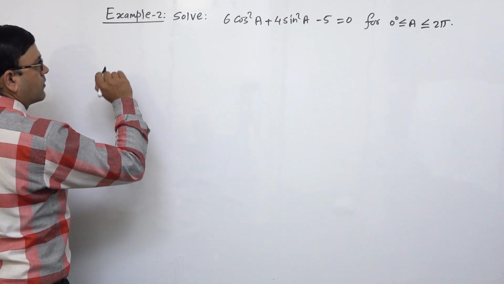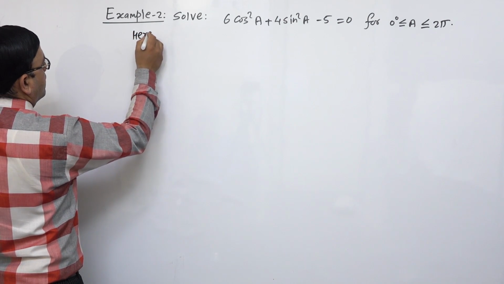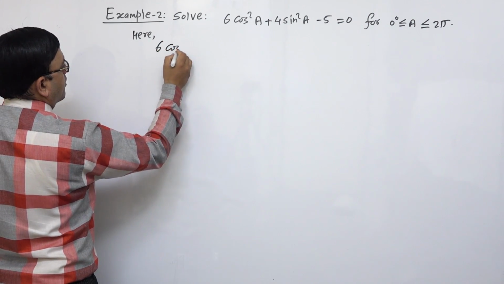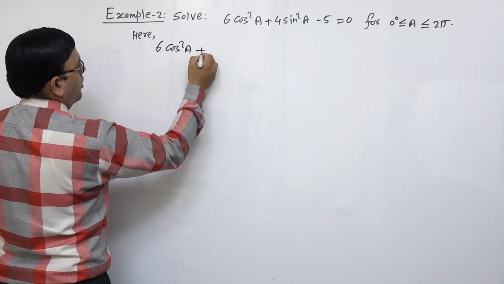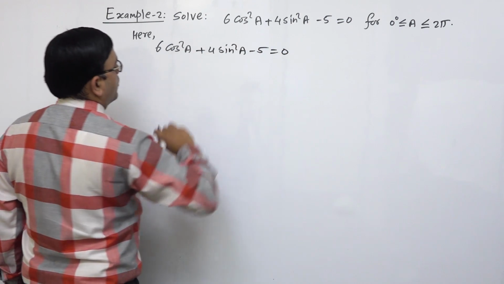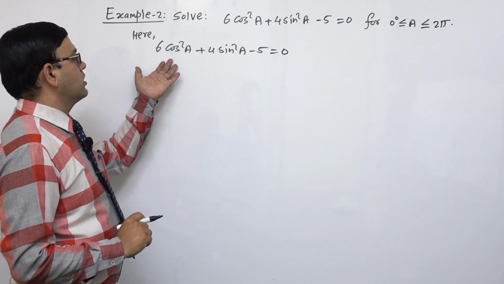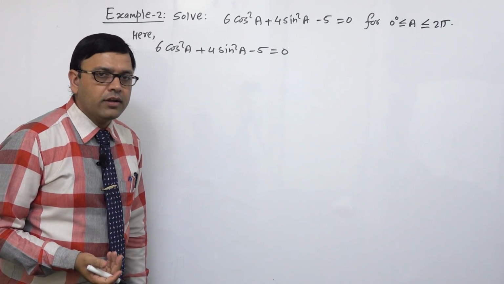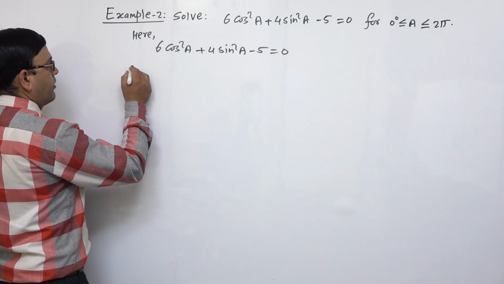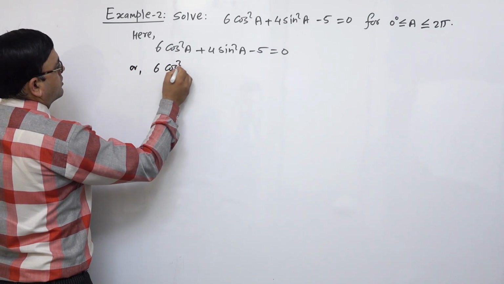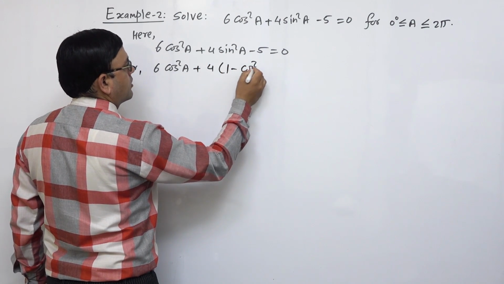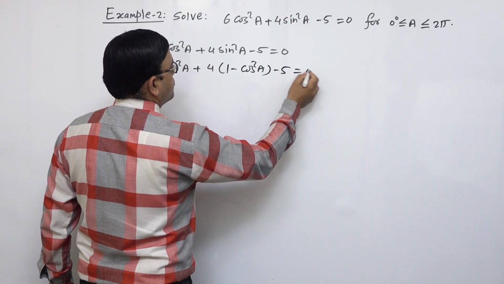Solution, or we can write, here the given condition is 6 cos square a plus 4 sin square a minus 5 is equal to 0. We have to change this cos in terms of sine or sine in terms of cos. So let's change this. We can write 6 cos square a plus 4 times 1 minus cos square a minus 5 is equal to 0.